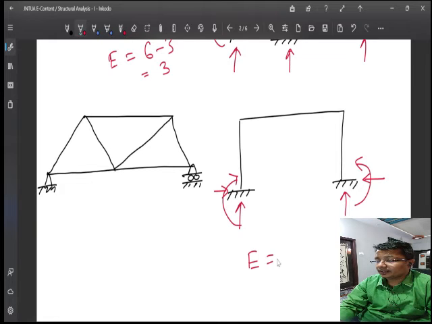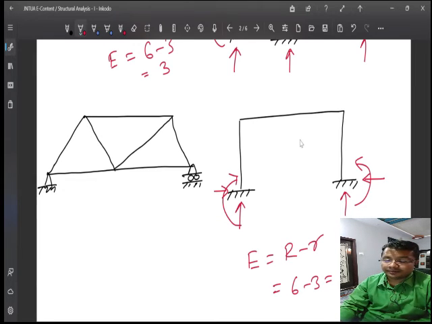So my E equals R minus r, that is 6 minus 3, that becomes 3. Okay, so this frame is externally indeterminate by degree 3.